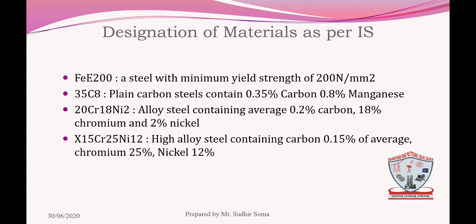The next is 20Cr18Ni2, that is an alloy steel containing average 0.2% carbon, 18% chromium and 2% nickel. So in this way the different materials are designated as per the IS standard.